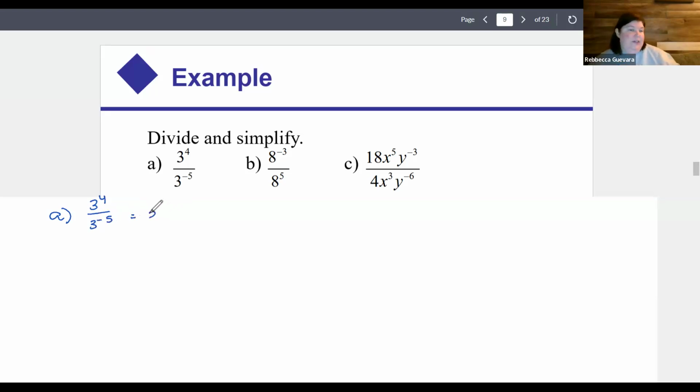What we have here is 3 to the 4th, because remember, this is on top, so this goes first and then this goes second. So we have the 4th, and then minus what's on the bottom, which is already a negative 5, so minus negative 5. This is really just saying 3 to the 4 plus 5, or 3 to the 9th.